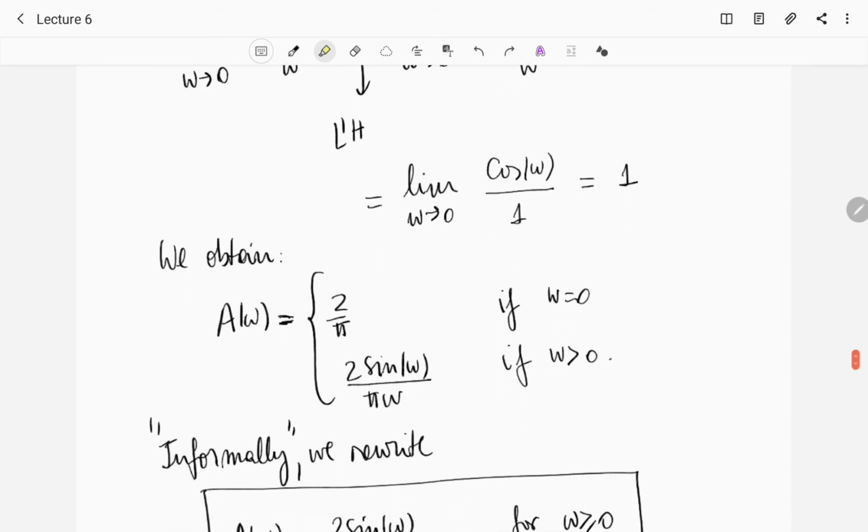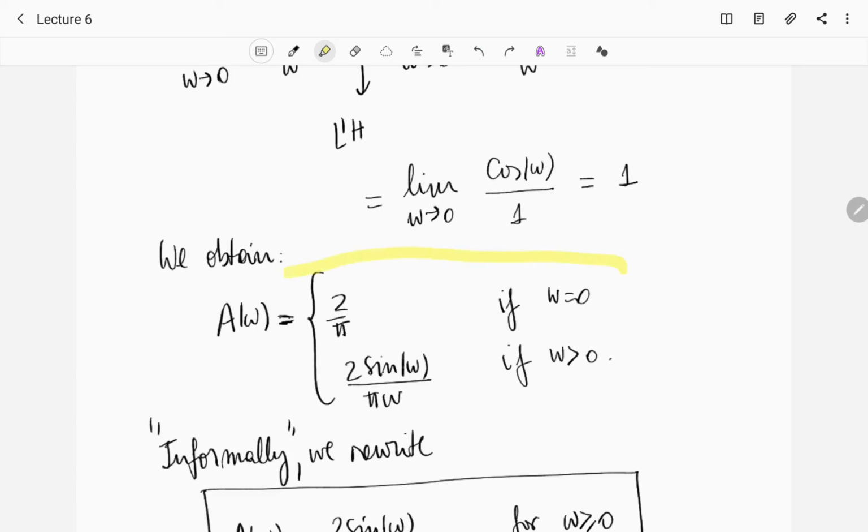So what we obtain is that this expression, when omega is 0, which is not true that we are going to say, oh, when omega is exactly 0, what we mean is, when omega goes to 0, this function takes this value, 2 over pi, because we just saw that this piece of function goes to 1 when omega goes to 0.